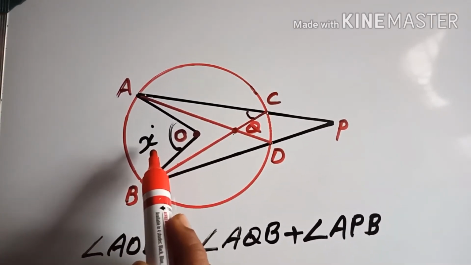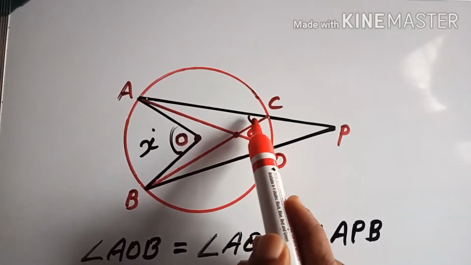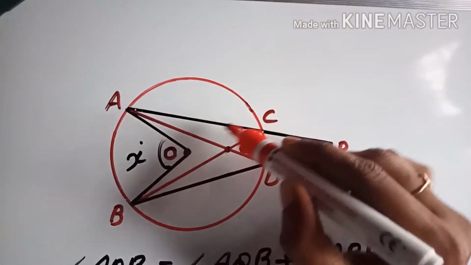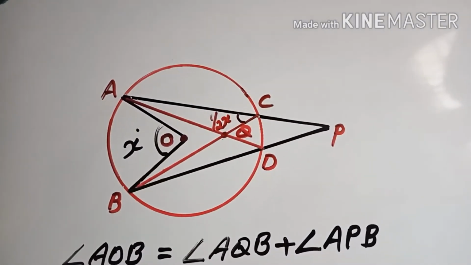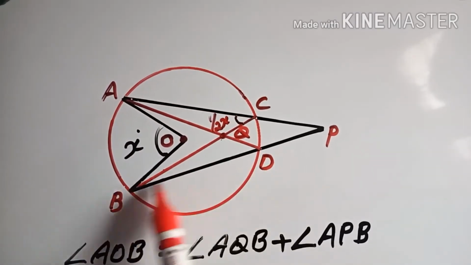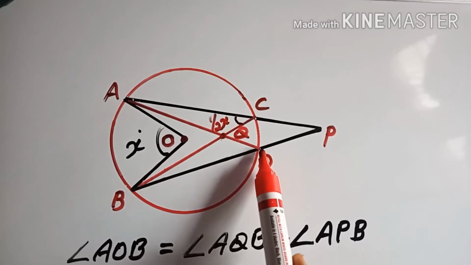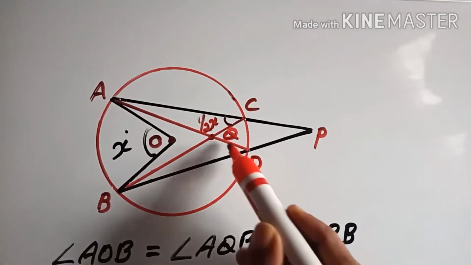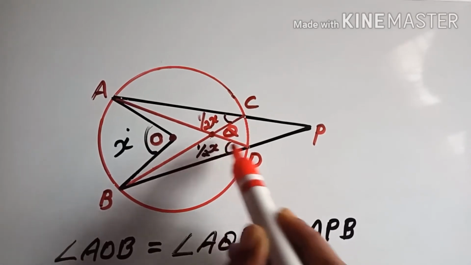This is the central angle, so half and double relation applies. This is x degree, so this angle will be half x. And one more is there, that is ADB. This is also the same, starting from A and ending at B on the circle at D. So this angle will also be half x degree.